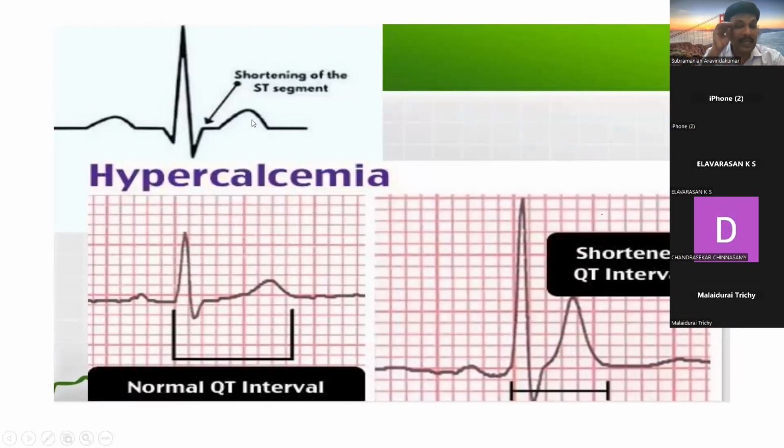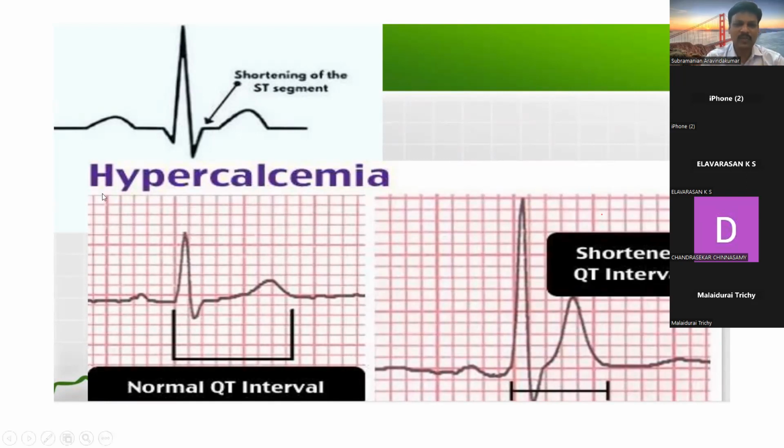What is the abnormality? See here, in the depolarization, in phase 2, you have the calcium exchange. It is almost sort of between sodium and potassium. It is acting as a balance and sustaining the phase between depolarization and repolarization.